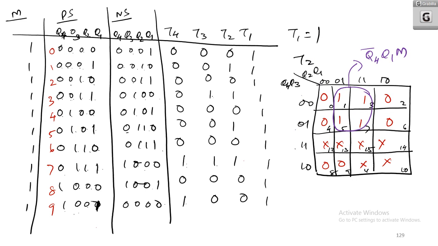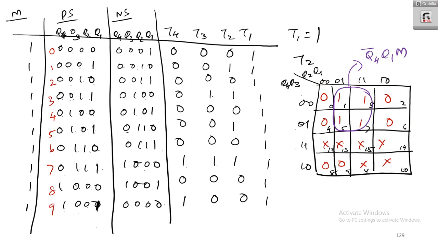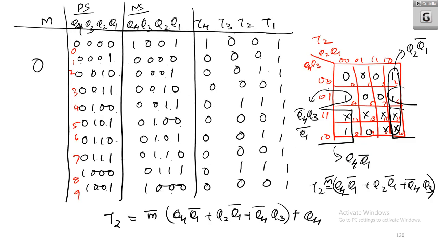So you will get Q1 into M. Therefore, we can write the entire expression of T2 as M bar and Q4 Q1 bar, or Q2 Q1 bar, or Q4 bar Q3, or Q4 bar Q1 M. Okay. So that is the expression for T2.